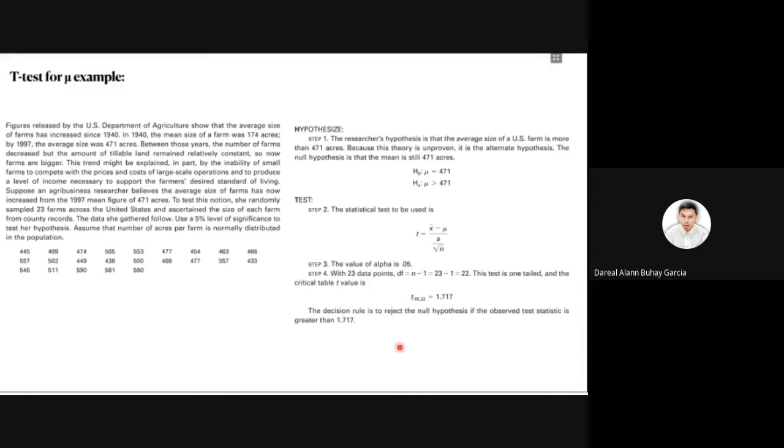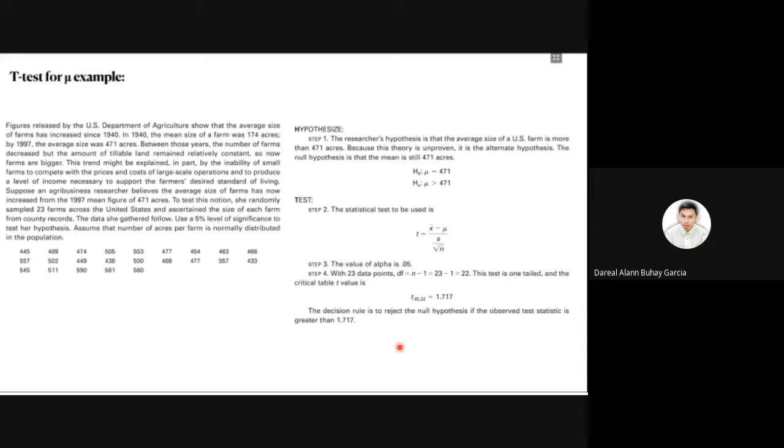Figures released by the U.S. Department of Agriculture showed that the average size of farms has increased since 1940. The mean size of a farm was 174 acres by 1997. The average size was 471 acres. Between those years, the number of farms decreased, but the amount of tillable land remained relatively constant, so now farms are bigger.